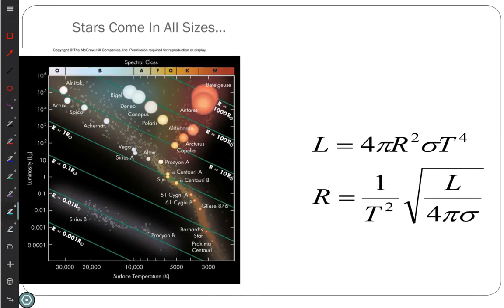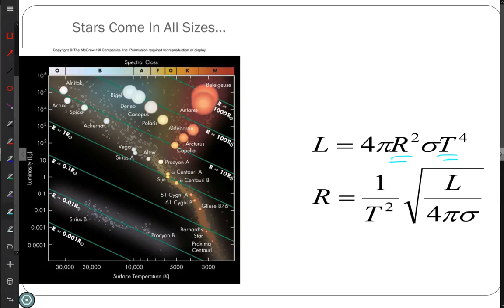We can determine the radius of the star by looking at this graph. It doesn't have radius on the axes. It has the temperature and the luminosity. But because the luminosity depends on the radius and the temperature, we can solve for the radius as a function of temperature and luminosity. So any point on the graph, I can choose, you know, this point right here, Polaris.